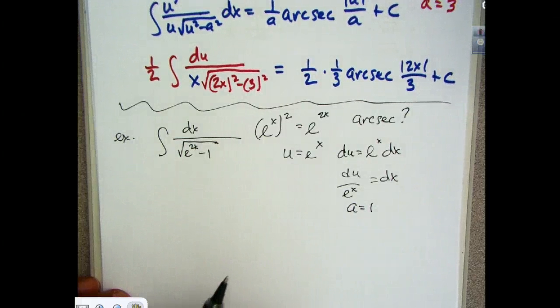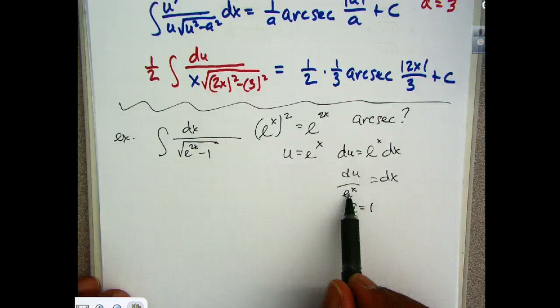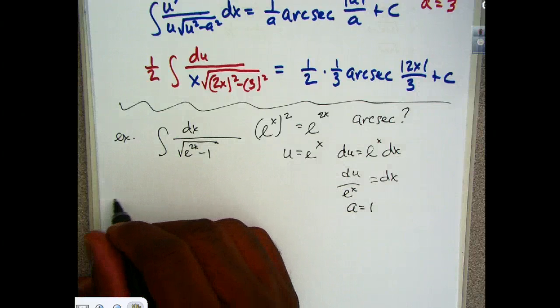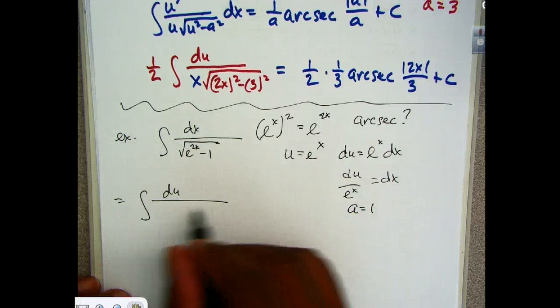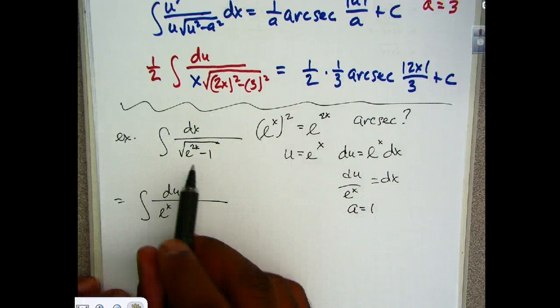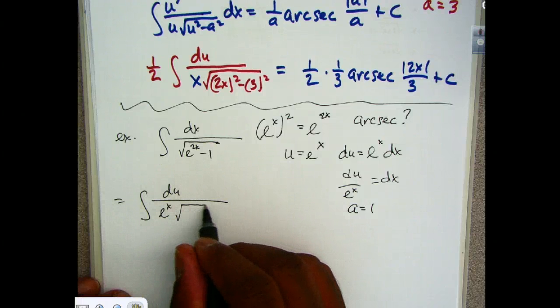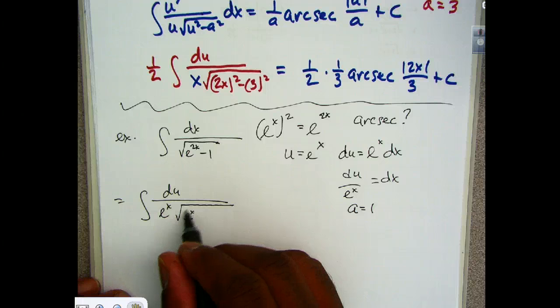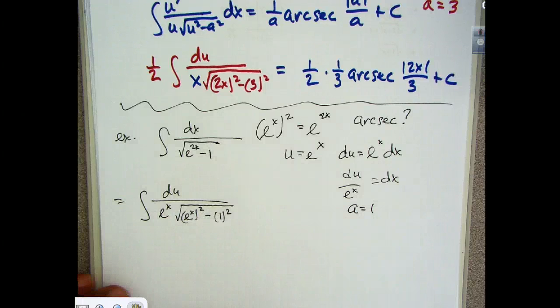Okay, so let's see if we start replacing stuff. We're going to replace the dx with du over e to the x. So then this becomes the integral of du over e to the x, and then here we have the square root of e to the x squared minus 1 squared.